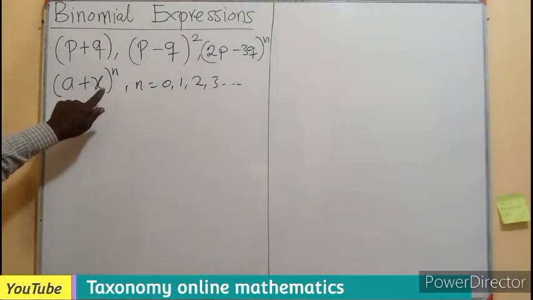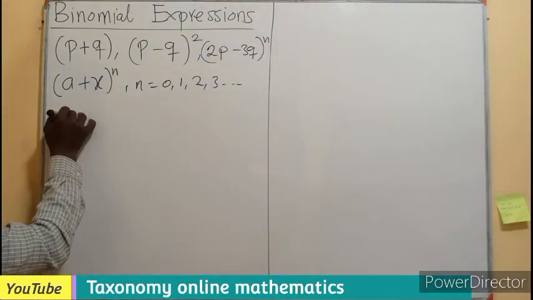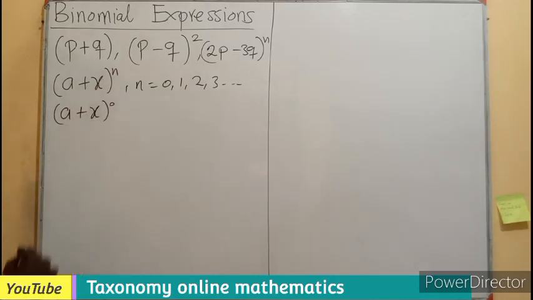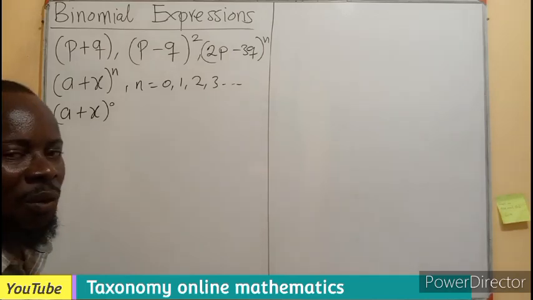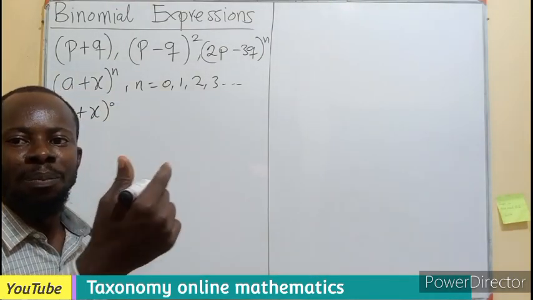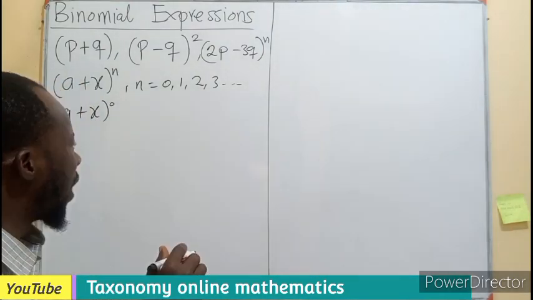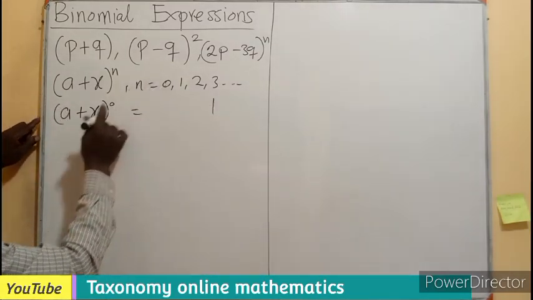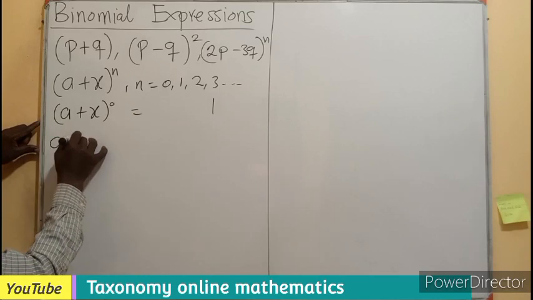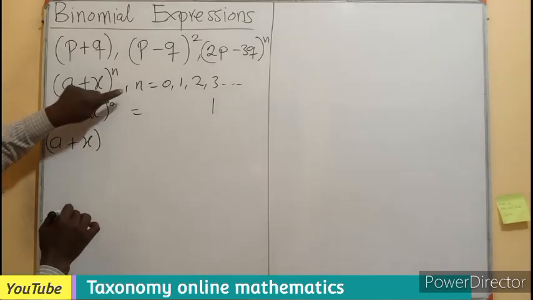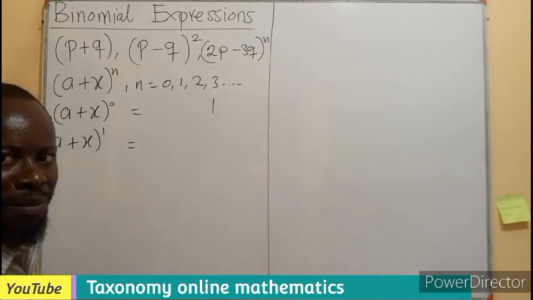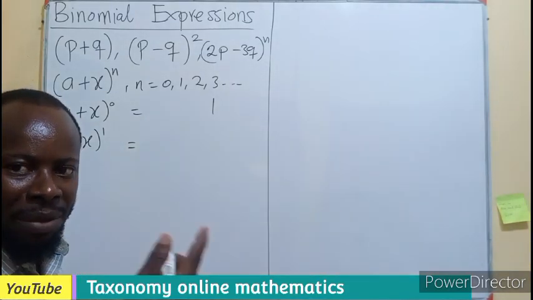So you can see that if I write a plus x exponent of n equals 0, we are aware that any number raised to power 0 gives us what? 1. So this will definitely give us 1. Let's just say we have our a plus x, where n is now 1. We are aware that any number raised to the power 1 remains the same.